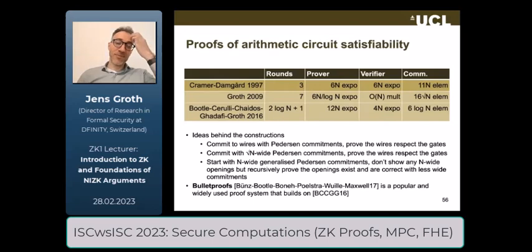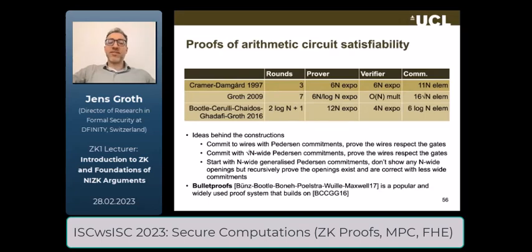And then more recently, together with a bunch of my students and postdocs, we found a way to get logarithmic complexity. And there, the idea is that you use an n-wide generalized commitment to commit all wire values, but you never show the openings, right? Because that would be n field elements, and that would destroy the communication complexity.